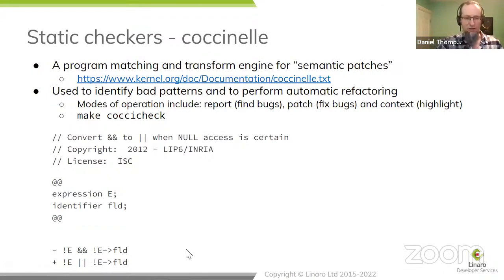It is guaranteed to be a bug. And it's almost always a typo for double or, which is the correct way to spell this. This will now only short circuit if the pointer is null, and if the pointer is non-null, then following E into the field becomes safe to do. So it's a correct substitution. It can fix the bug for us.